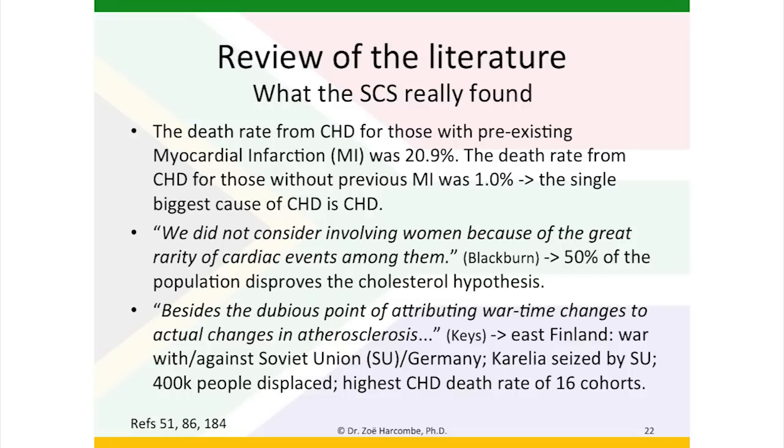North Korea had been seized by the Soviet Union, 400,000 people had been displaced, and this had the highest death rate of the 16 cohorts. Now, Keyes did say in another study that one needed to be careful of attributing wartime changes to atherosclerosis, and yet he did that in effect in his 7-country study.